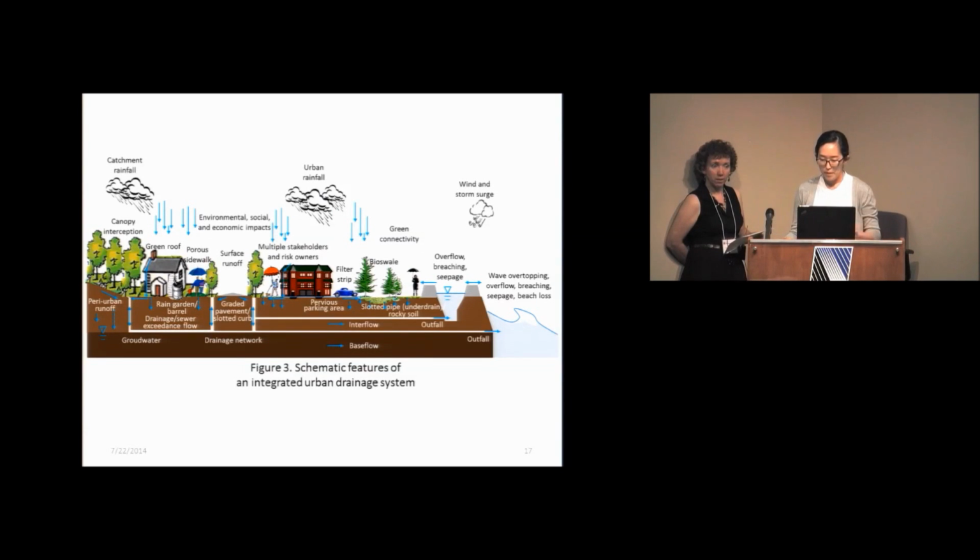So these problems have brought attention to green infrastructure in urban area to replace or supplement conventional stormwater management practices and also create a more sustainable urban water system.